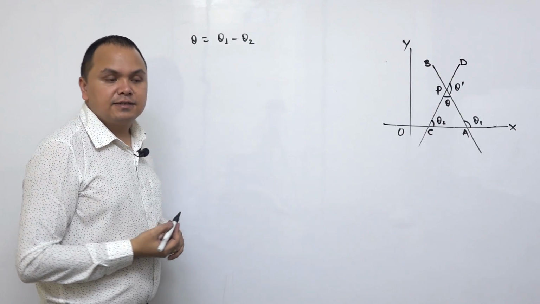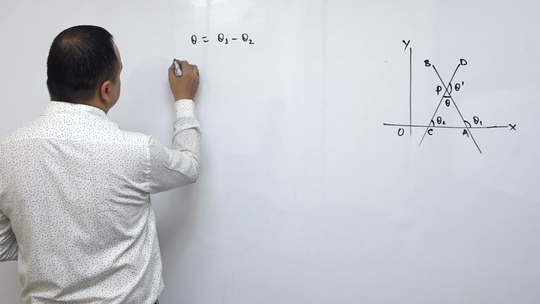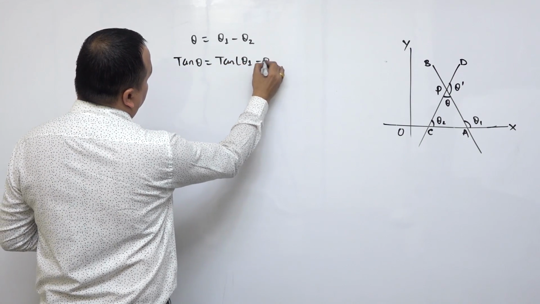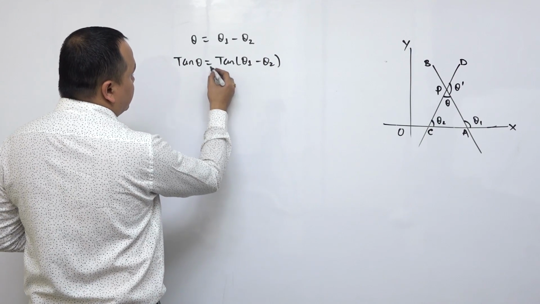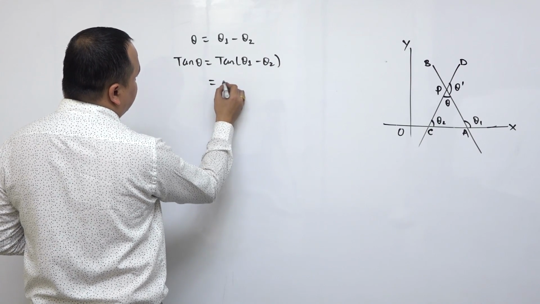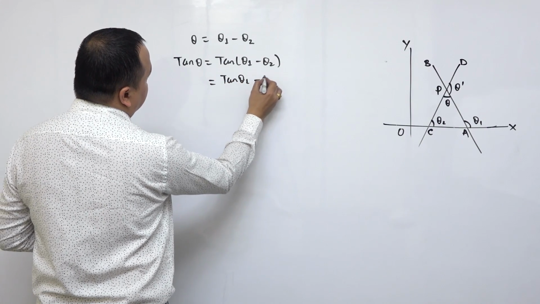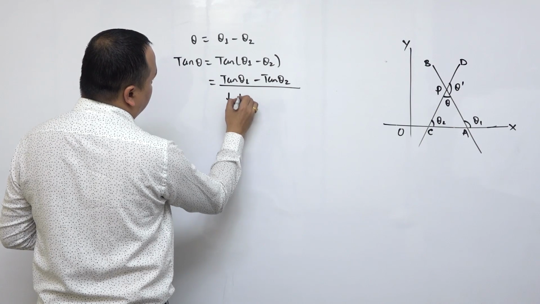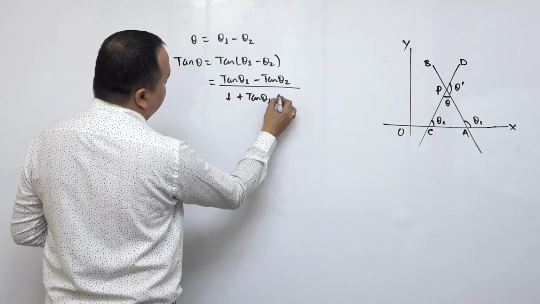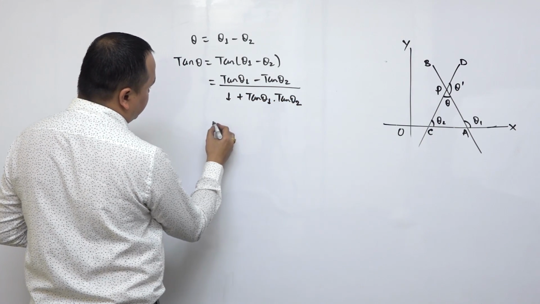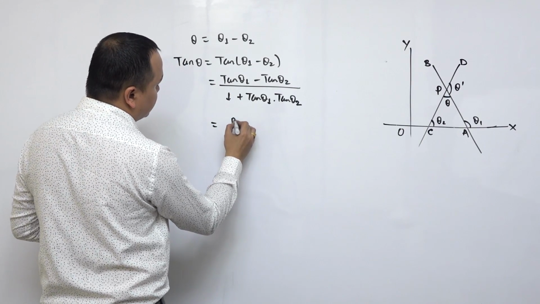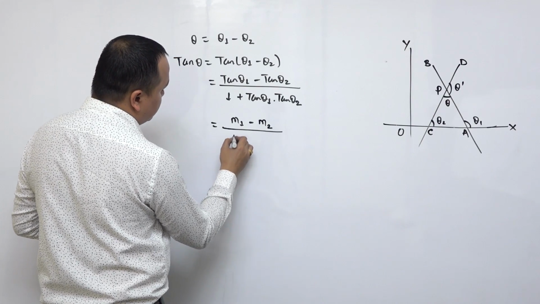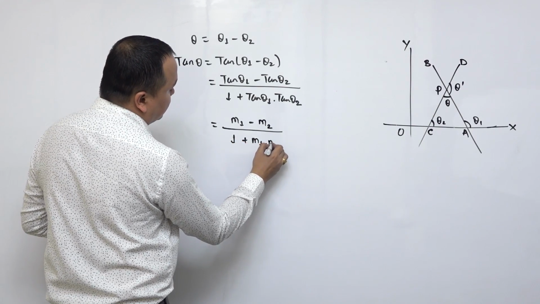Now taking tan on both sides, using the formula of tan A minus B, tan A minus tan B upon 1 plus tan A into tan B, we have tan theta, which is m1 minus m2 upon 1 plus m1 into m2.